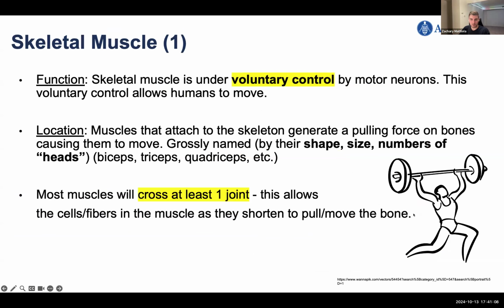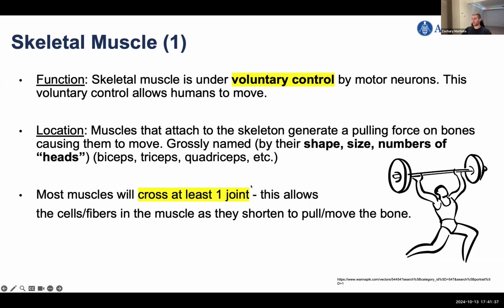So what is the function of skeletal muscle? Skeletal muscle is under voluntary control. We can decide to move our arms and legs, and skeletal muscle allows us to move, right? Skeletal muscle is located all over the body. Like Kyle said, they attach to bones, and their contraction allows us to move our limbs, to move our body, all that good stuff.